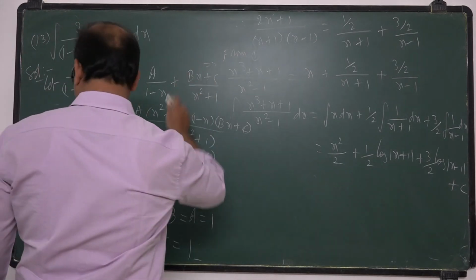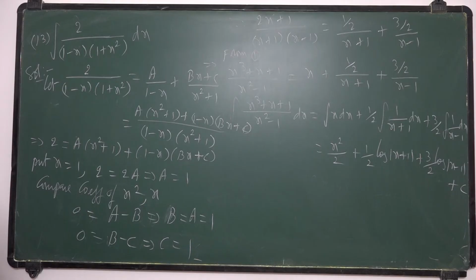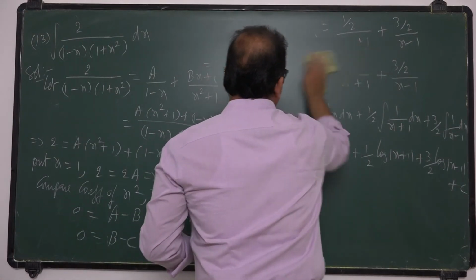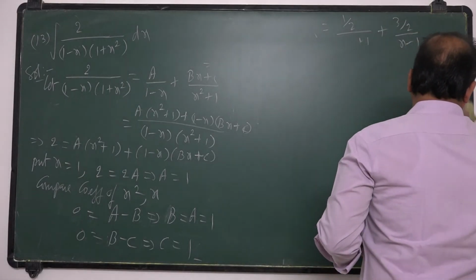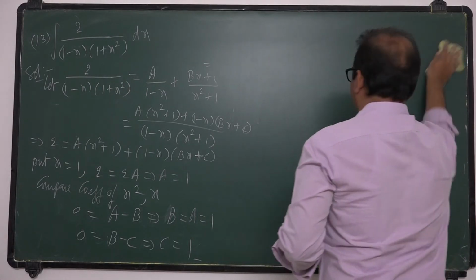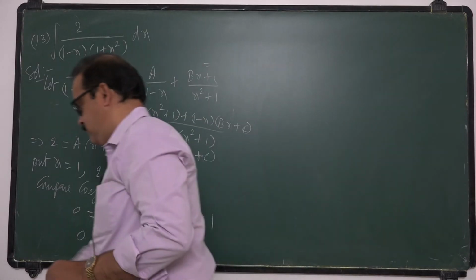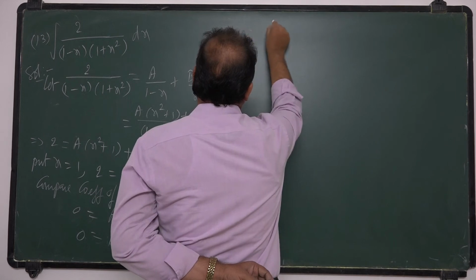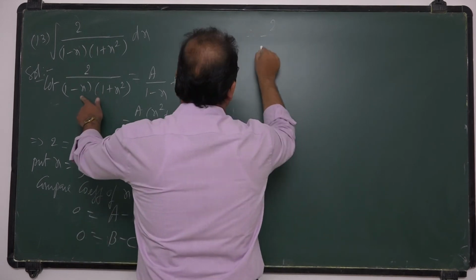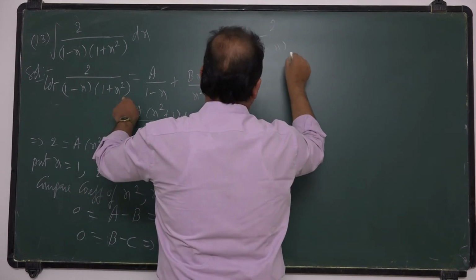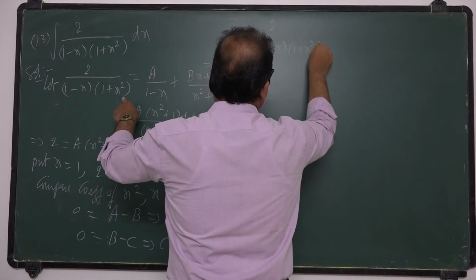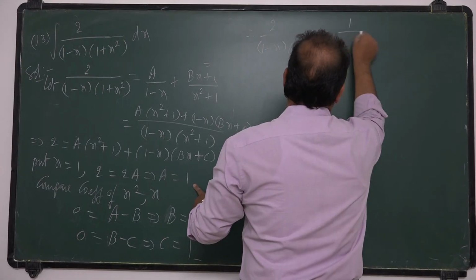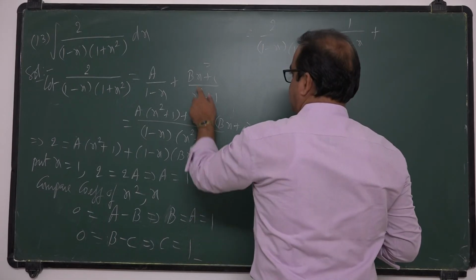Substitute the A, B, C values here. 2 by (1 minus x) into (x squared plus 1) is equal to A by 1 minus x, A is 1, plus (Bx plus C) by (x squared plus 1).